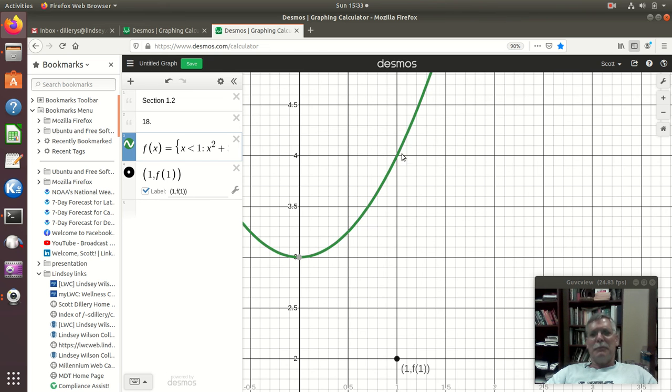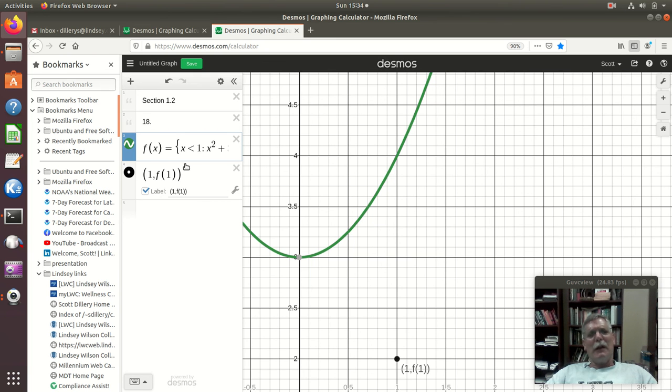Okay. So it doesn't really show it, but since I know kind of what's going on and I saw the picture in the book, I can put that point in there. So I can make it show up if I need to.